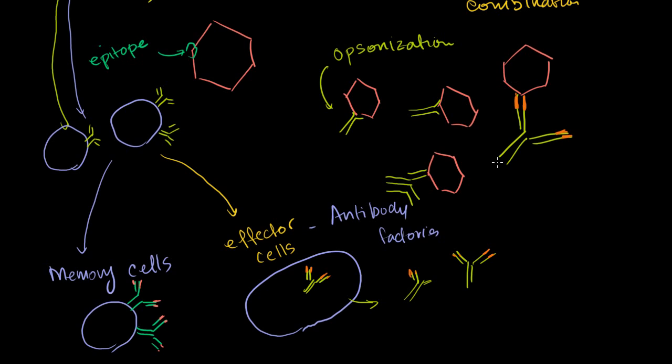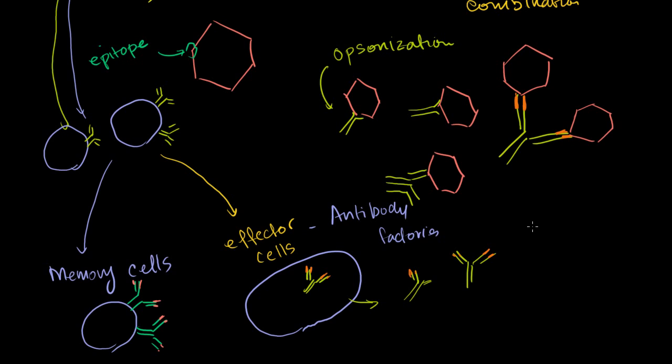So you can imagine what happens if this guy bonds to one epitope and this guy bonds to another virus. Then all of a sudden, these viruses are kind of glued together, and that's even more efficient. They're not going to be able to do what they normally do. They're not going to be able to enter cell membranes. And they're perfectly tagged. They've been opsonized so that phagocytes can come and eat them up.